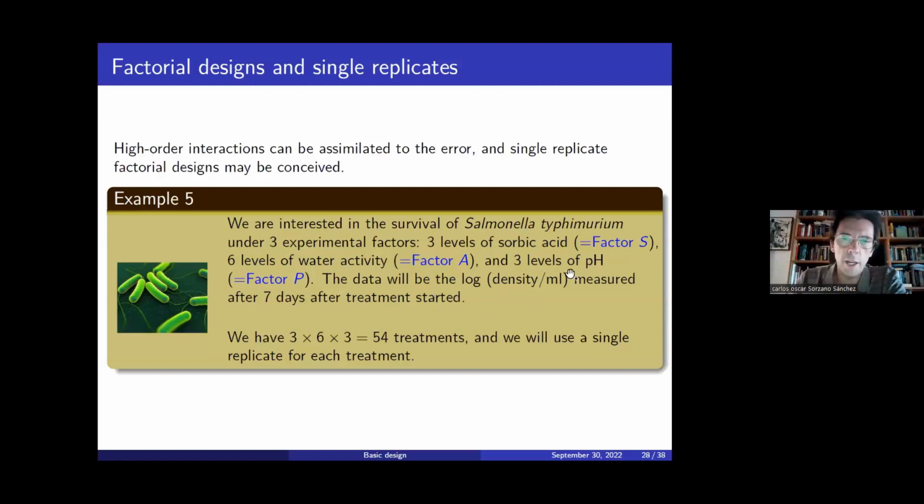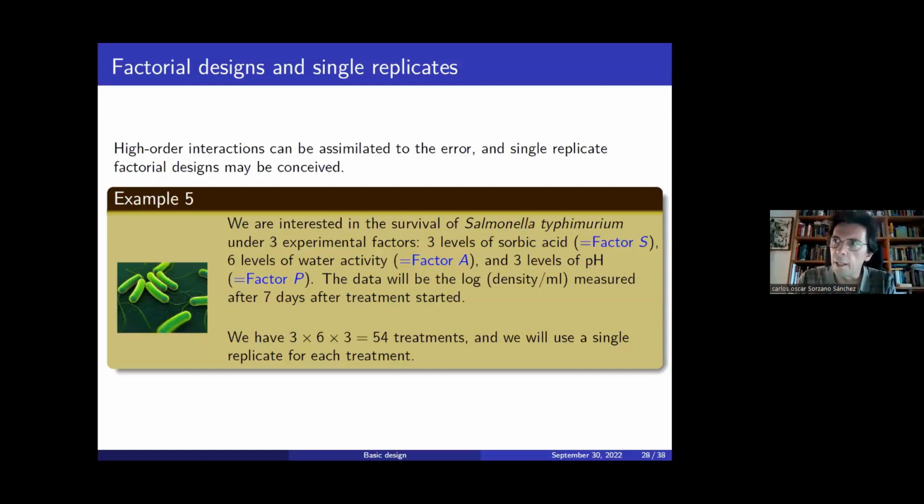And then you will measure the optical density of some cultures. And okay, so if you count how many experiment combinations I have, you have 54 possible treatments, 54 possible combinations of sorbic acid with water activity, with pH, and you would have to do 54 experiments or mini experiments.